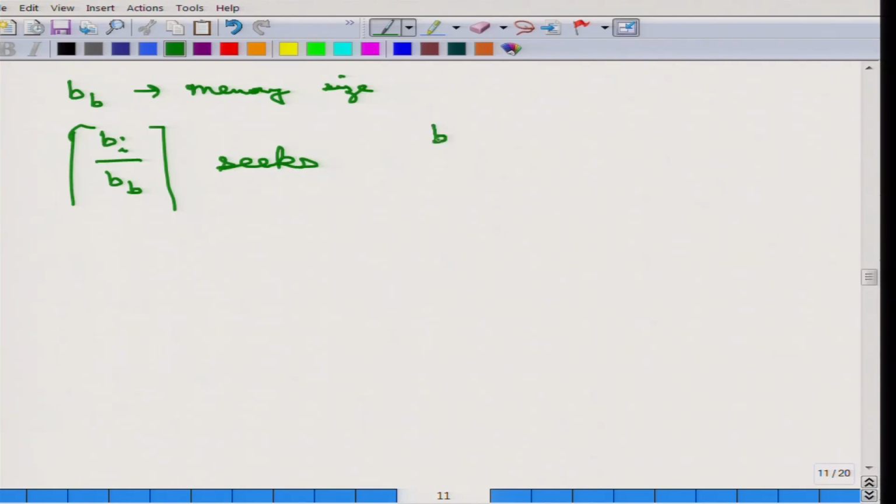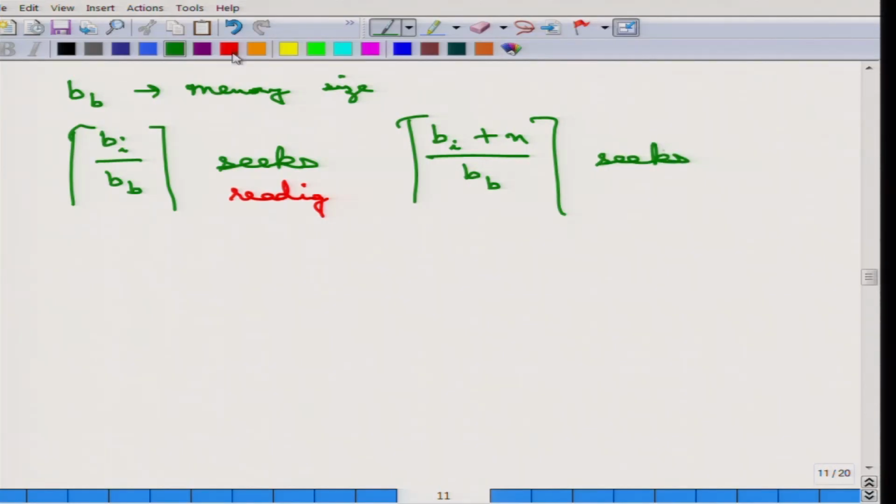Similarly, this is for reading, and then BI plus N by BB seeks for writing. Then reading the N partitions requires N seeks, because each partition is in a separate place.